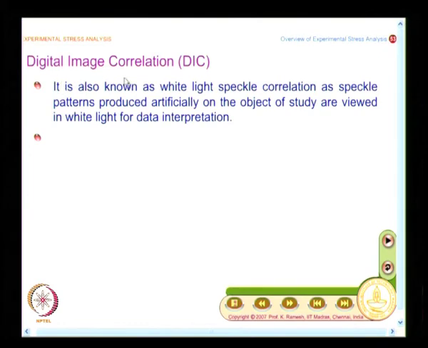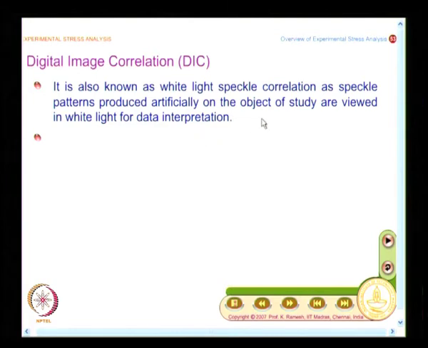And this is the offshoot of that kind of an approach. Here the speckles are created arbitrarily, externally on the specimen under consideration, artificially, and you use white light for data interpretation.